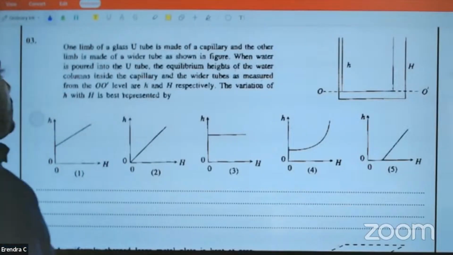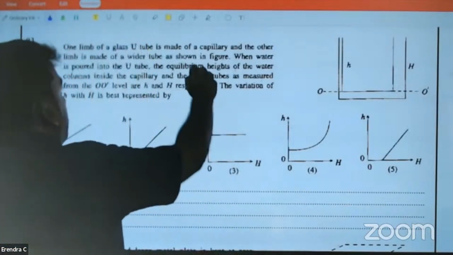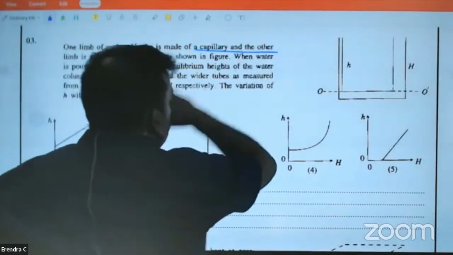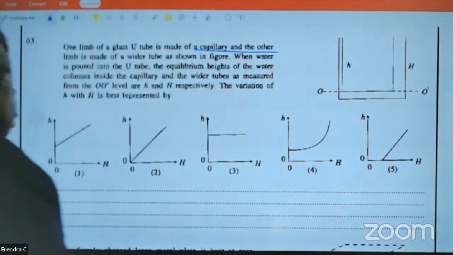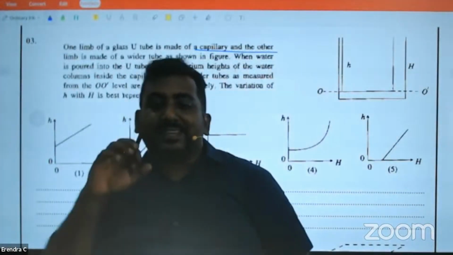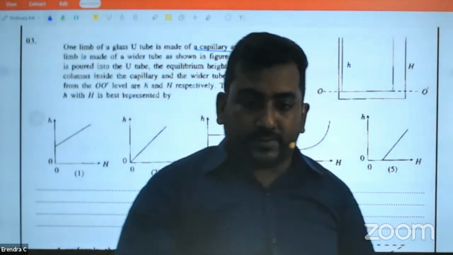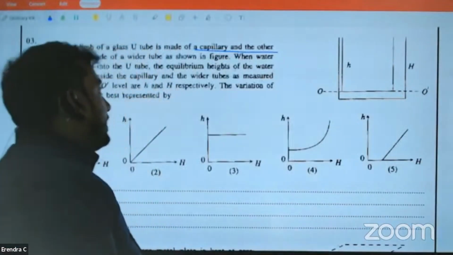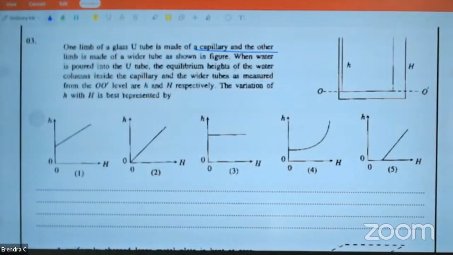One limb of a glass U-tube is made from a capillary. Now remember, when the word capillary comes, normally surface tension will come into play. In a capillary tube, surface tension will come into play.